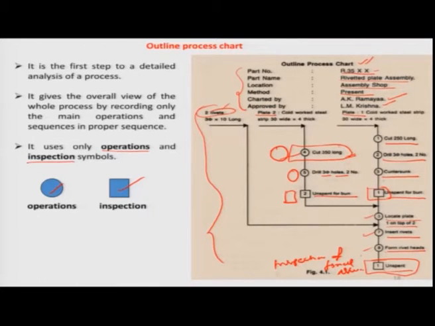So, this kind of chart is known as an outline process chart. Here you can see only operation and inspection are used.